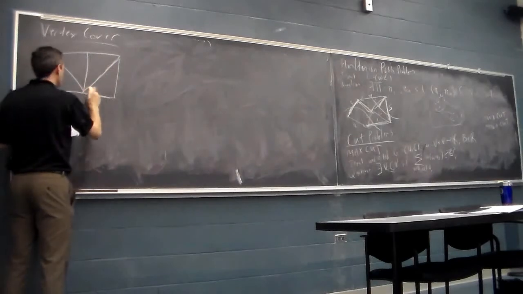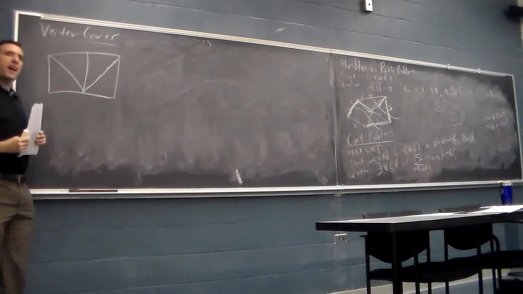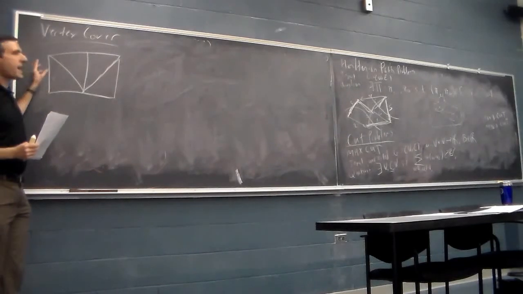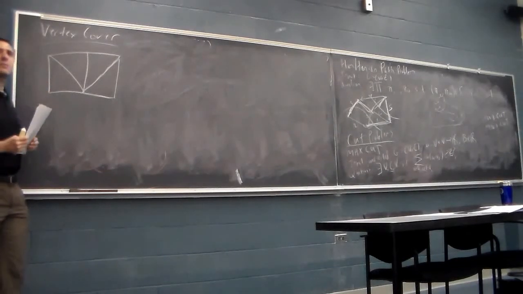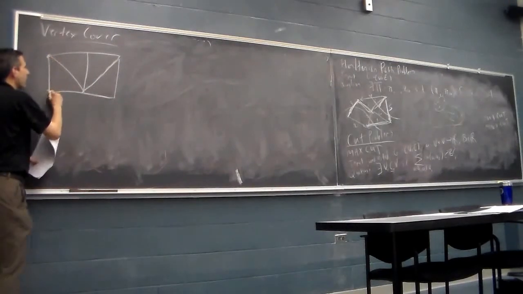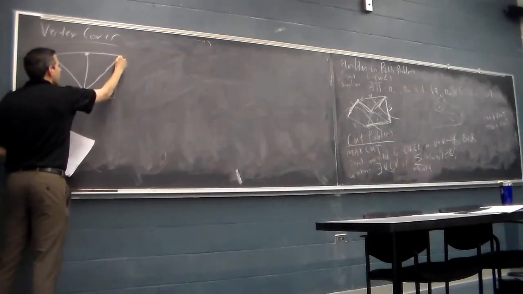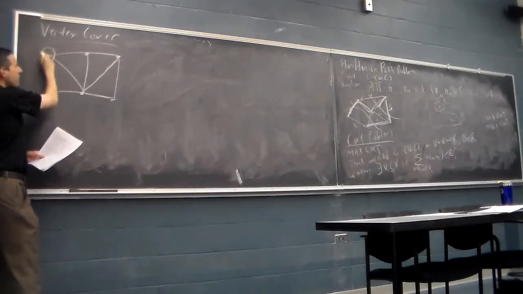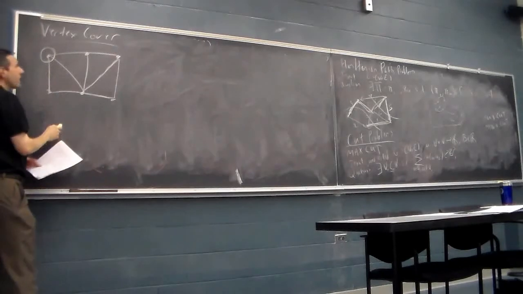A vertex cover is a set of vertices such that every edge in the graph has at least one endpoint in the vertex cover. That's what makes it a vertex cover. In this graph here, we have 6 vertices, and we can get a vertex cover by taking this vertex, which covers these 3 edges.